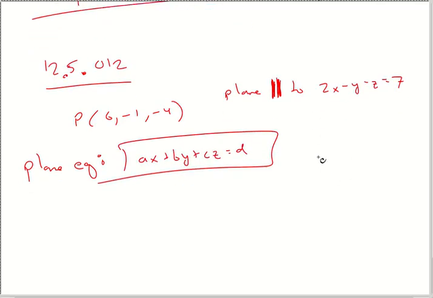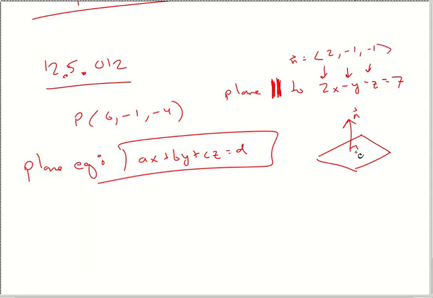The thing is with these planes, it's kind of like a sheet of paper in space. They all have this thing called the normal vector. I use capital N. You can use a little lowercase n. It's all the same. The normal vector, which is right here, 2, negative 1, negative 1. That's your normal vector for that.